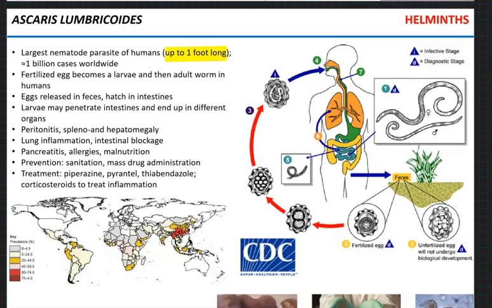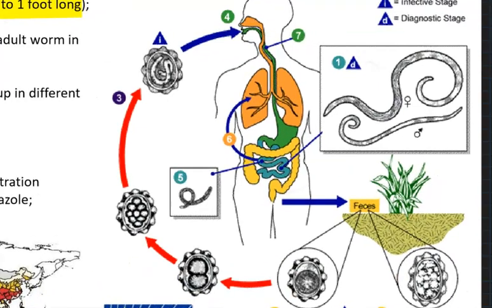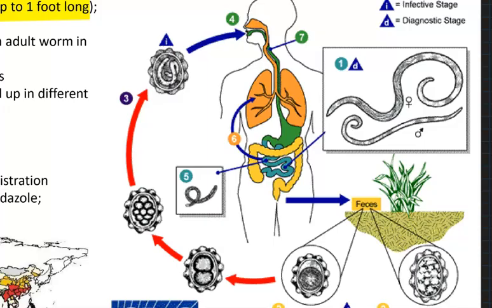It all starts, sorry, when people accidentally consume embryonated eggs. The life cycle is amazing. So they consume eggs, which end up, as you can imagine, within the intestine, where they hatch into larvae, right? And larvae penetrate intestinal walls, end up in the circulation, and swim towards the lungs.